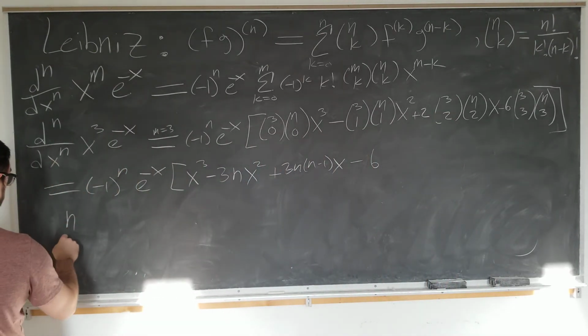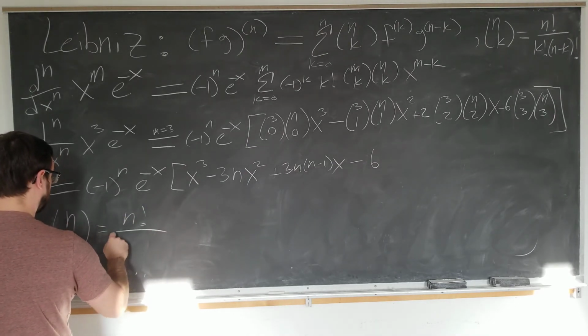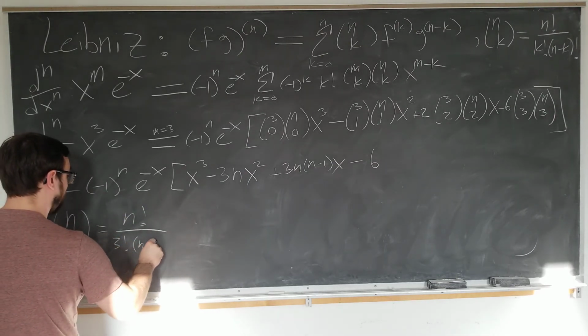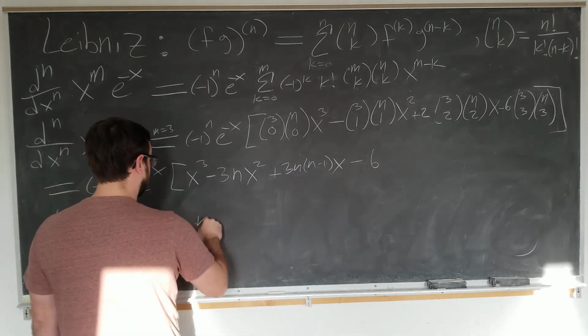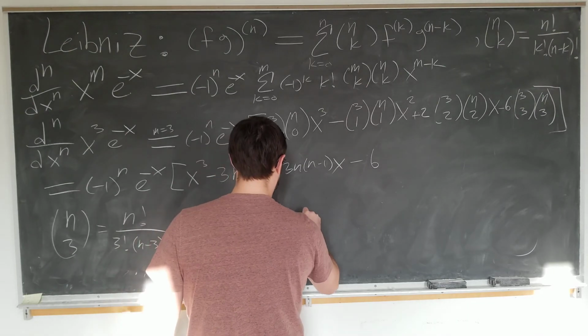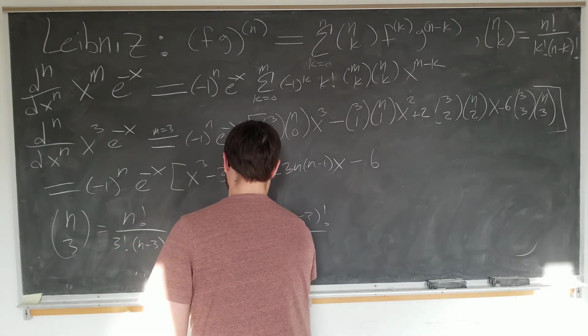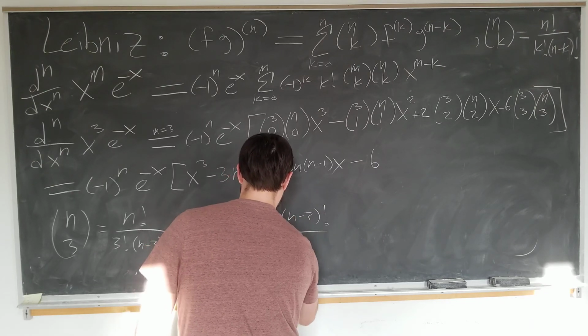All right, n choose 3 is n factorial over 3 factorial, n minus 3 factorial, which is n, n minus 1, n minus 2, n minus 3 factorial over 6, n minus 3 factorial.